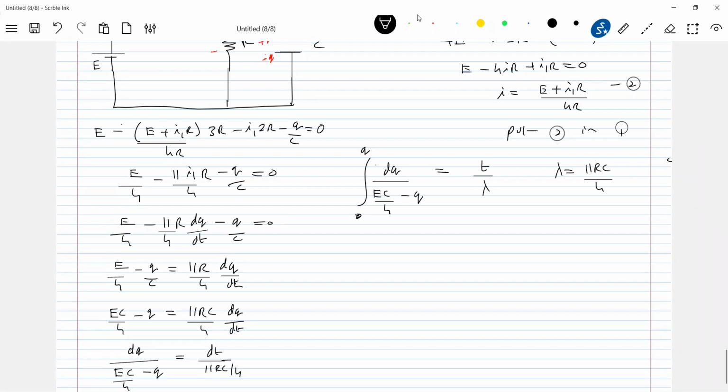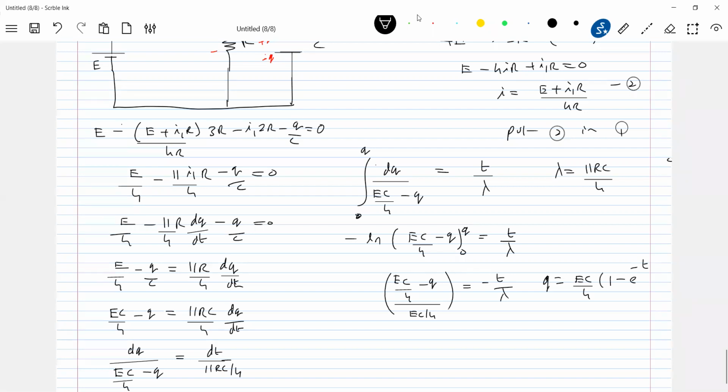Substituting, integrating this, we'll get minus of EC by 4, 0 to Q, t by lambda. So this will be EC by 4 into (1 minus e to the power of minus t by lambda).